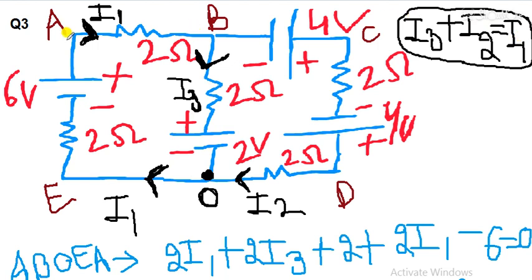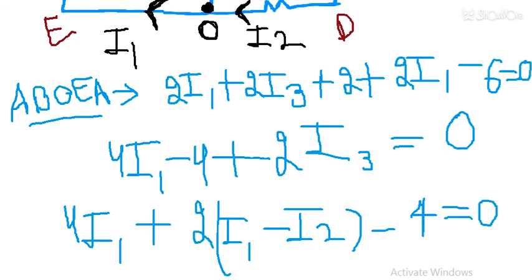Then I have taken the closed loop, the first loop A, B, O, E, A. So in this loop 2I1 plus 2I3 plus 2 for positive to negative terminal of battery plus 2I1 again minus 6 equal to 0. So we have solved this equation in this way.